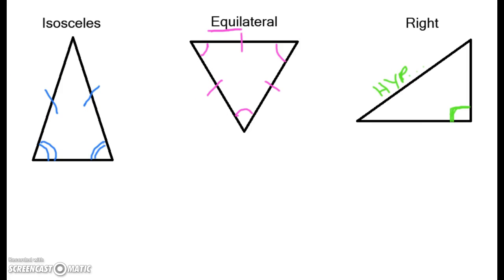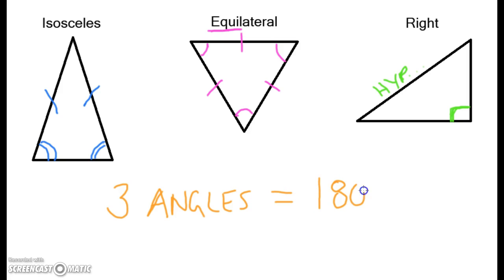One thing that you absolutely need to know about triangles is that the three angles of a triangle always add up to 180 degrees. So if the three angles always equal 180, in an equilateral triangle, there are three angles, and they all have to be the same.